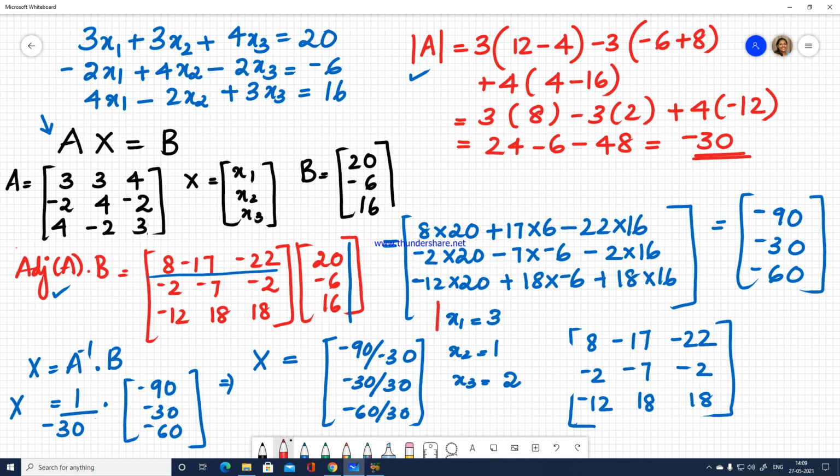So we got x1, x2 and x3 as 3, 1 and 2. In order to make sure that the equation is right, we just substitute the values and see whether it is right or not.